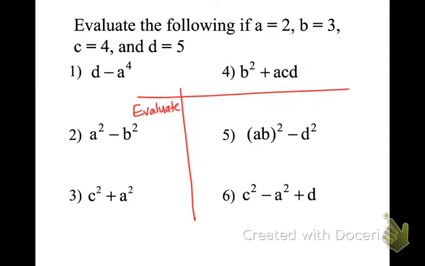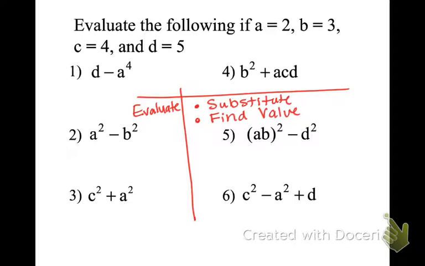What does that mean we do? We substitute, and then we find the value. That's what should be in your Cornell notes. We evaluate, we substitute, and then we find the value.